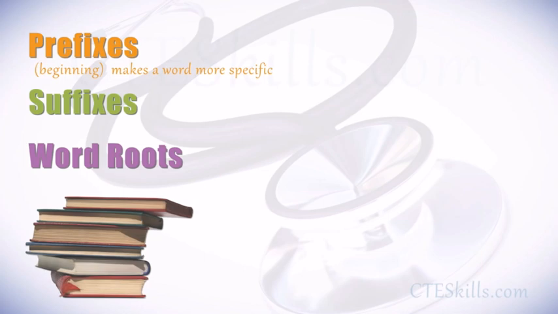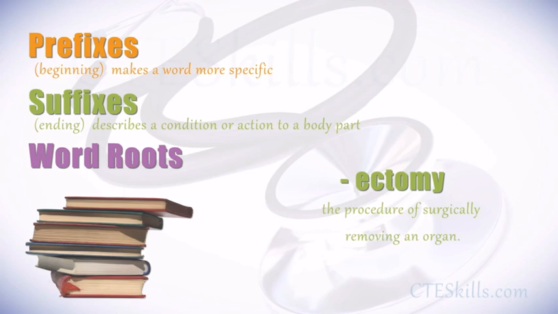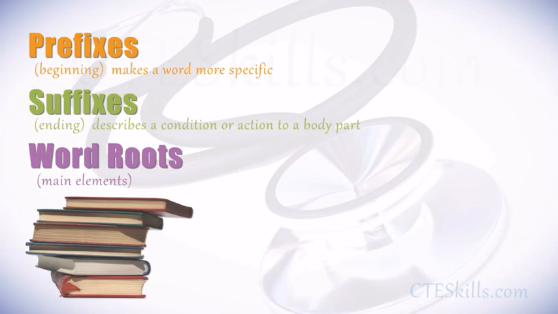Suffixes are syllables or elements placed at the end of a word root and are used to indicate or describe a condition of the body or an action to a body part, such as ectomy, which is the procedure of surgically removing an organ. And word roots are the main elements within the medical term, to which prefixes, suffixes, and connecting vowels are added.